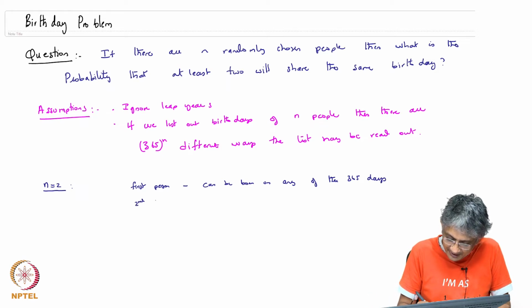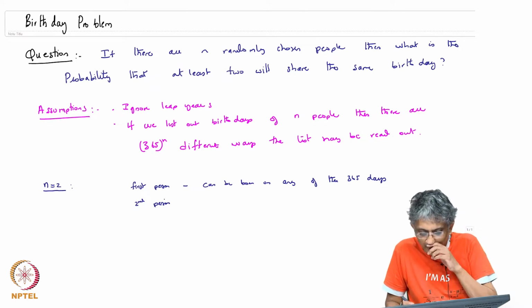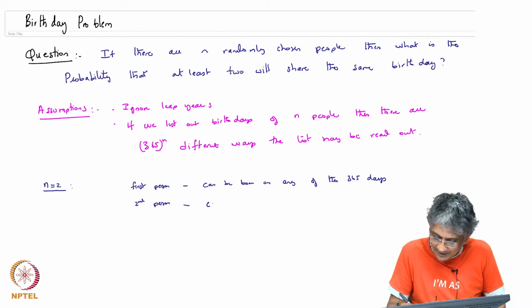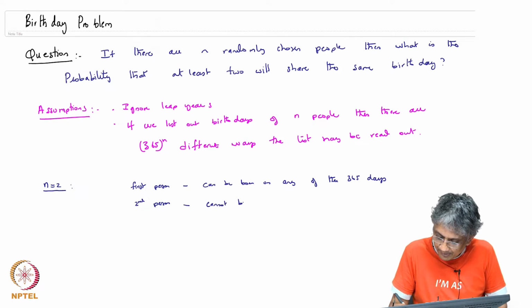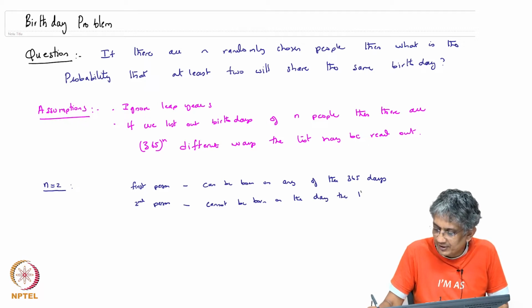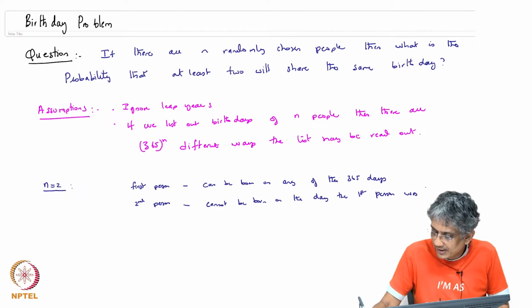The second person should be born on a day that's not the same; they cannot be born on the day the first person was born.